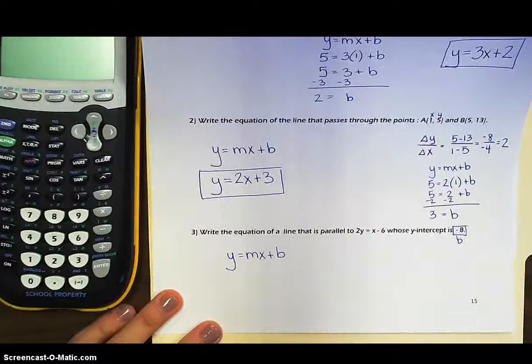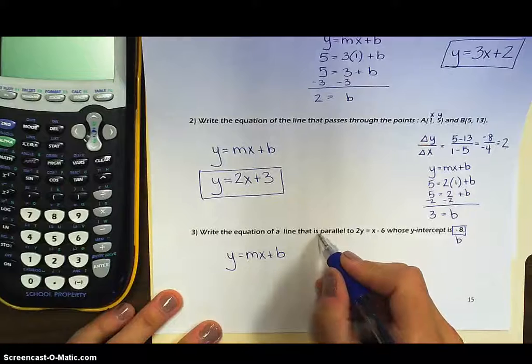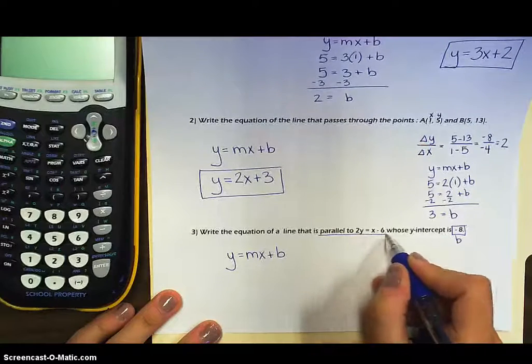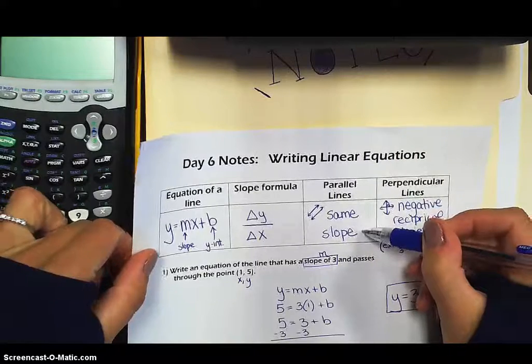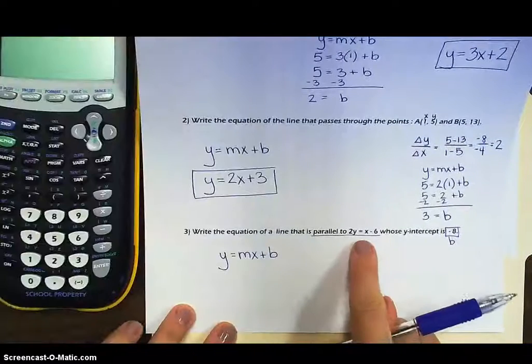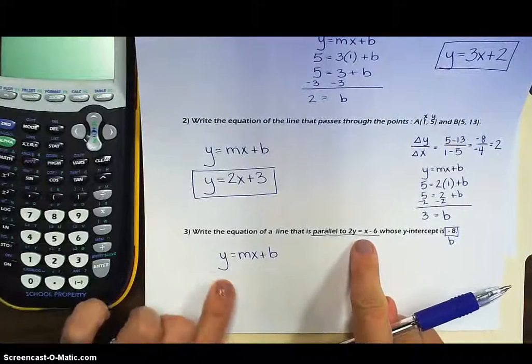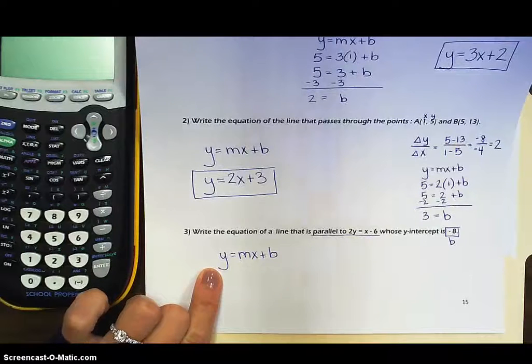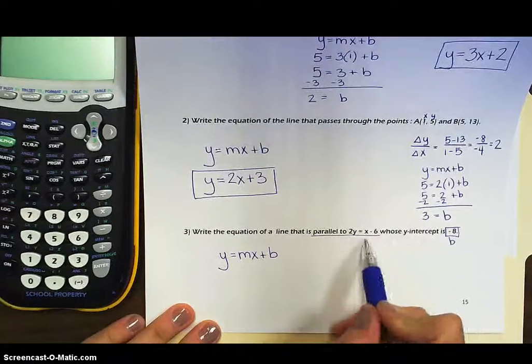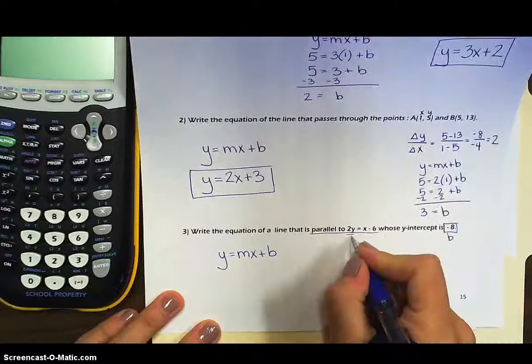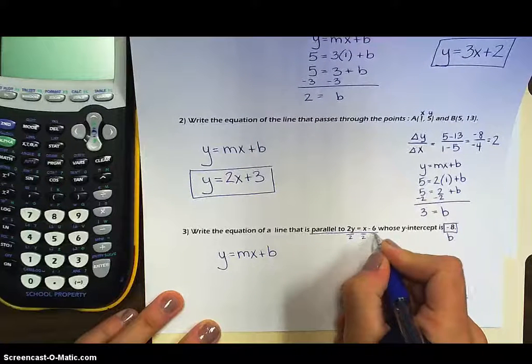Now it doesn't tell me the slope, but it does give me a helpful hint. It is parallel to this line. Now remember, parallel lines have the same slope. So if I can find the slope of this line, my new line is going to have the same slope. So let's go ahead and do that. When I look at this line, I'm going to divide everything by 2.